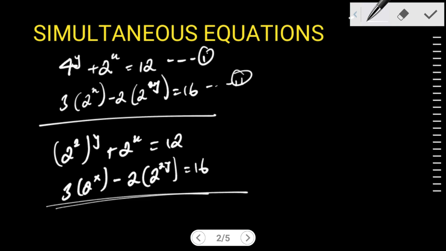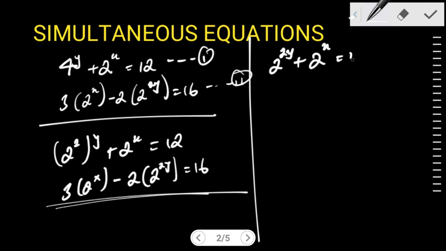Having got that, I'm going to say that since down here I'm having 2y, here I can also make it 2 to the power 2y. Therefore, this is going to be 2 to the power 2y plus 2 to the power x equals 12, which is equation 1.